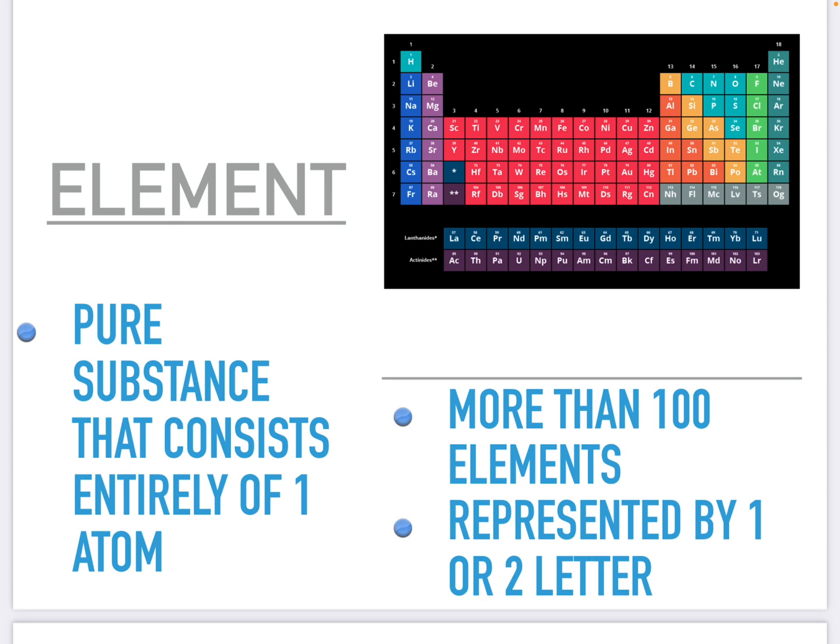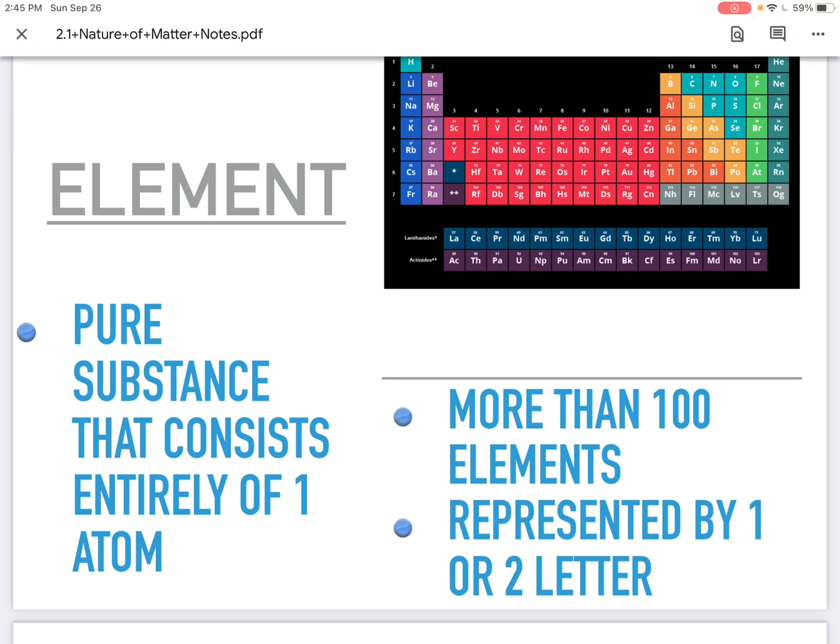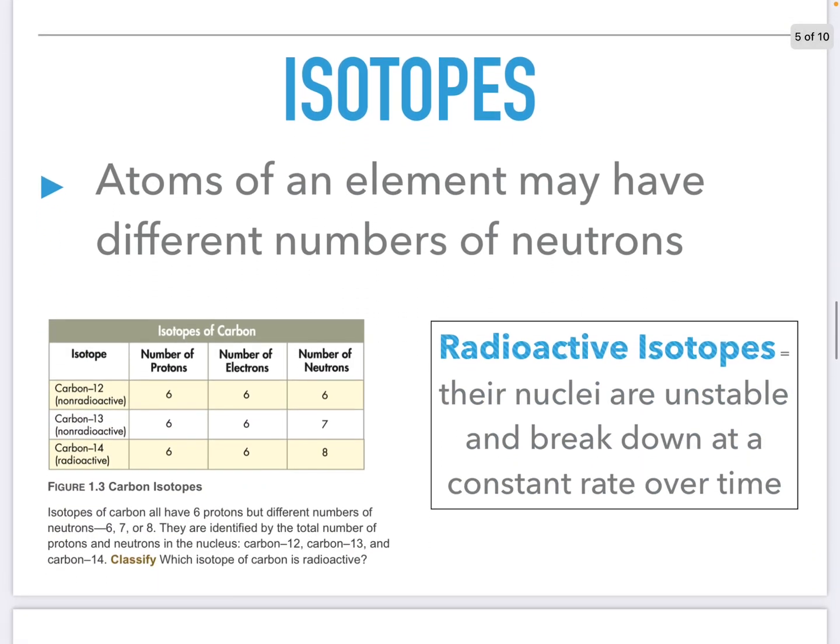Sometimes the letter doesn't seem to match the element. For example, helium, He, that makes sense. Carbon, C, carbon. But then you may have gold, Au, and that's from the Latin word for gold, and that's why several of them don't match their name.